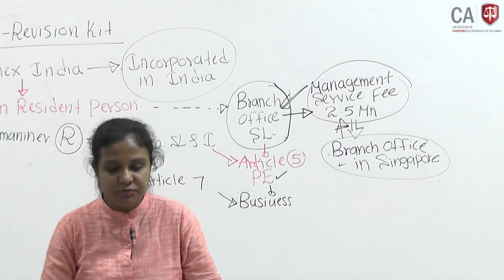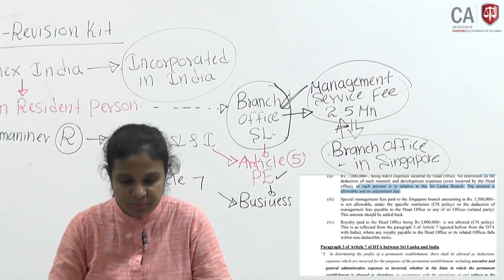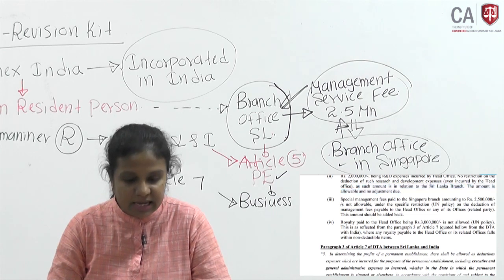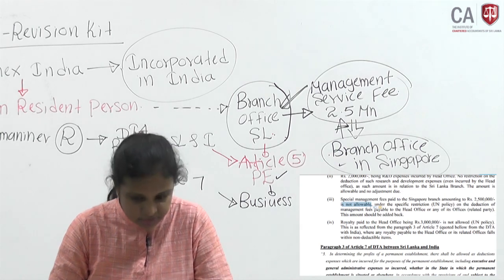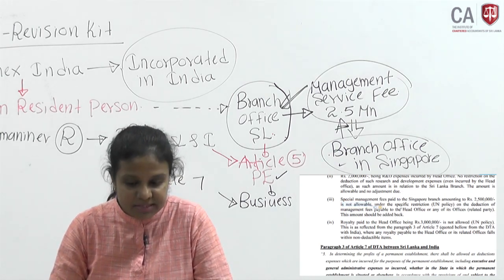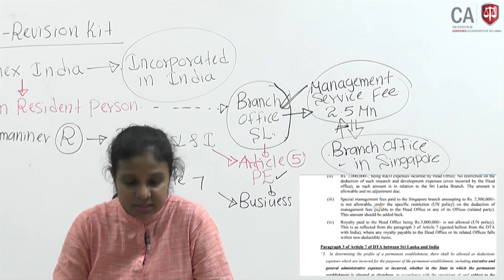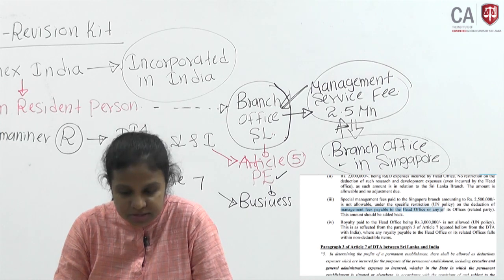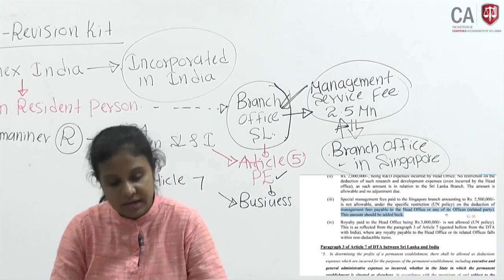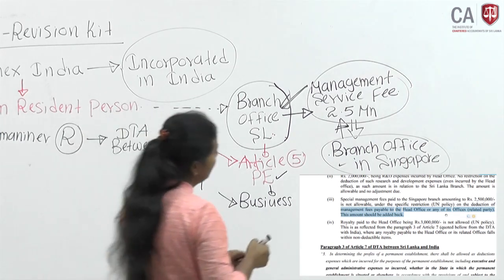Special management fee paid to the Singapore branch amounting to rupees 2.5 million is not allowable. Why? Under the specific restriction in the UN policy on the deduction of management fee payable to the head office or other office, that means any related party, this amount should be added back. Why?